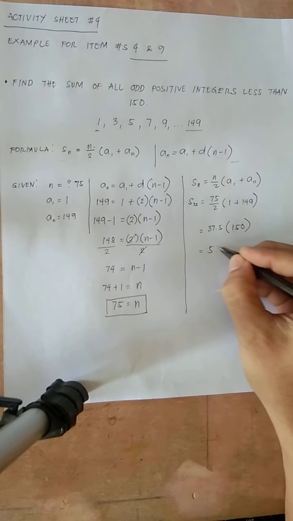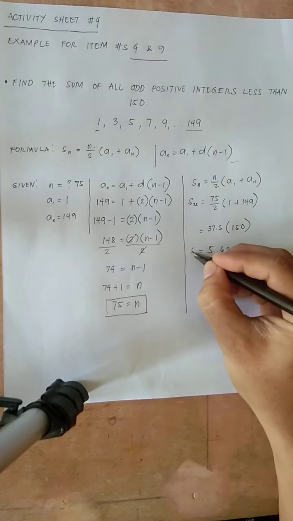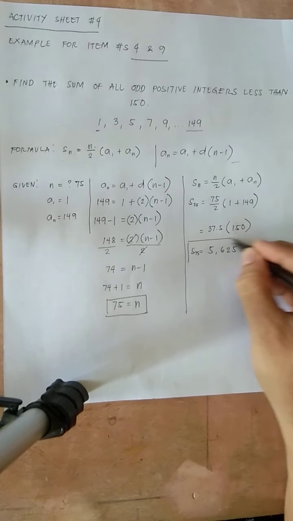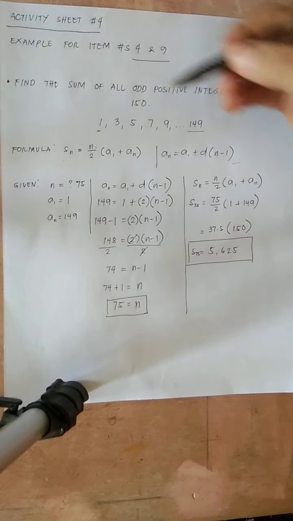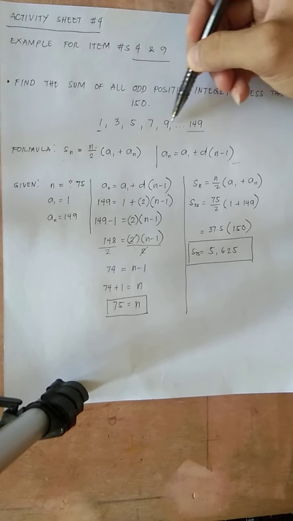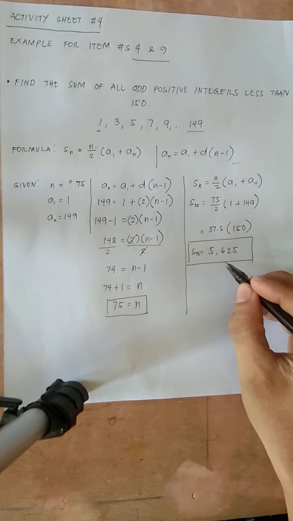That's 5,625. So, what does it mean? This means that if we are going to add these numbers up to 149, then the sum that we will get is equal to 5,625.